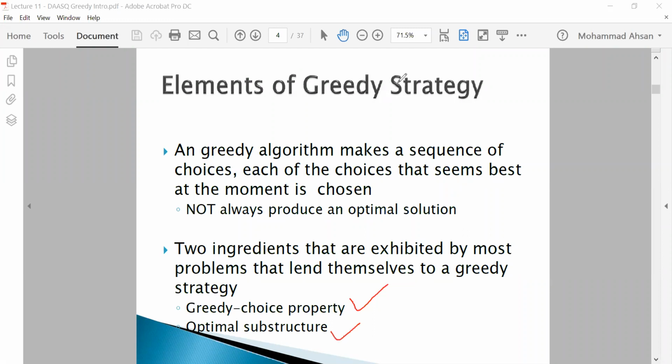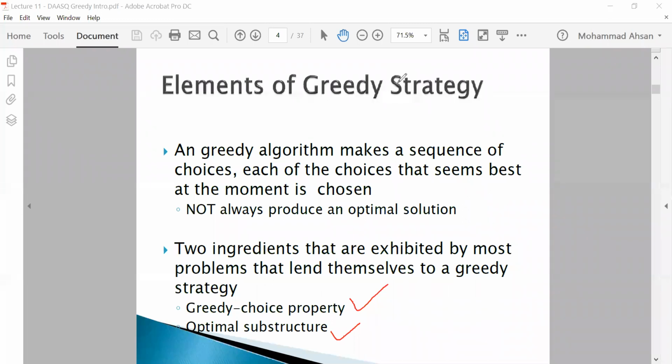And then you have to have a substructure. It's not that you make one choice and that one greedy choice is going to give you a solution. We are going to do something similar to dynamic programming. But in dynamic programming, if you remember your mathematical equations for matrix chain multiplication or for the traveling salesman, you always have that intermediate k value for which you select a range of values, and then you select the maximum or the minimum.